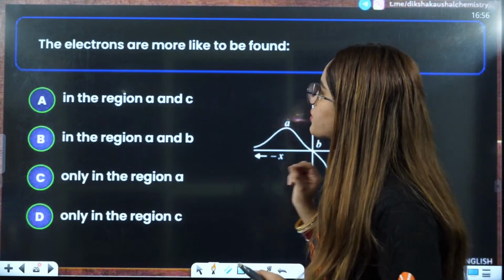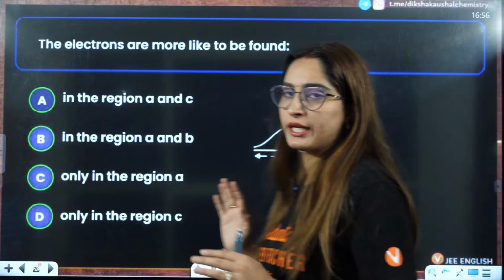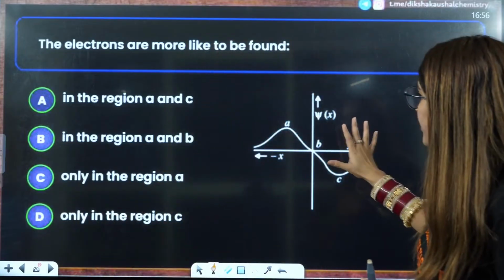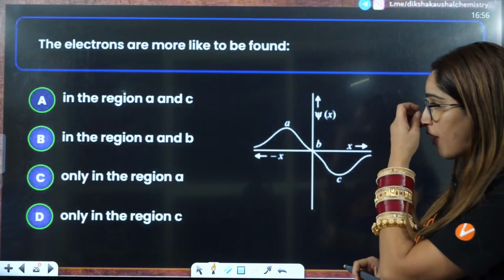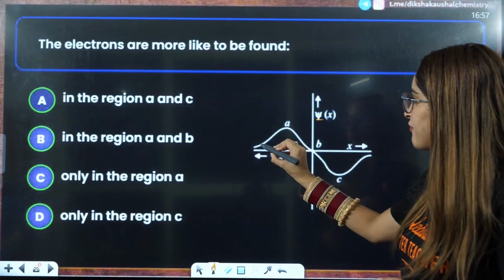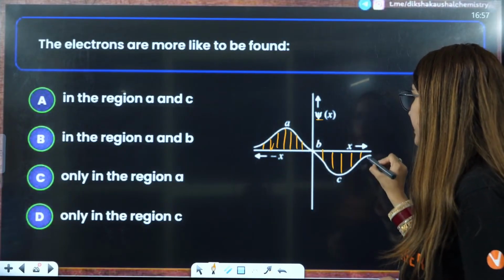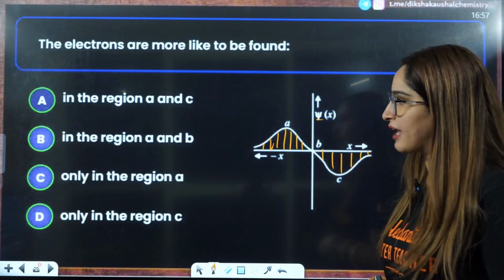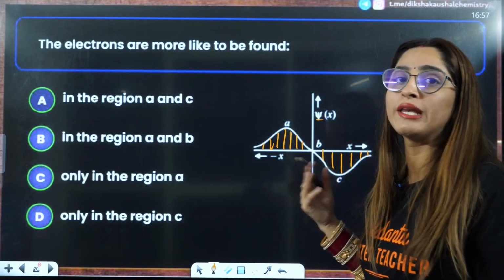Next question on your screen: electrons are more likely to be found in which of the following? Now, this is the graph given to you, between psi and x. In the region of A and C, definitely in this region we can find electrons. At this point B we cannot find them, because at B psi is 0, which means there is no electron.